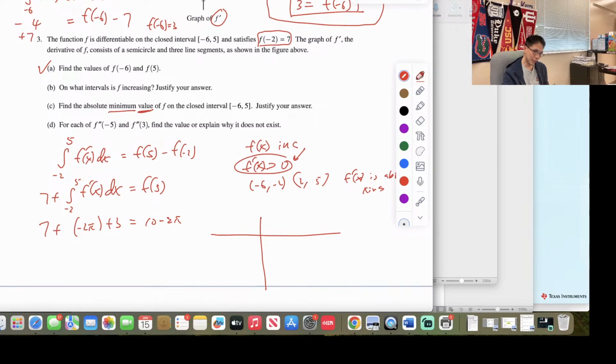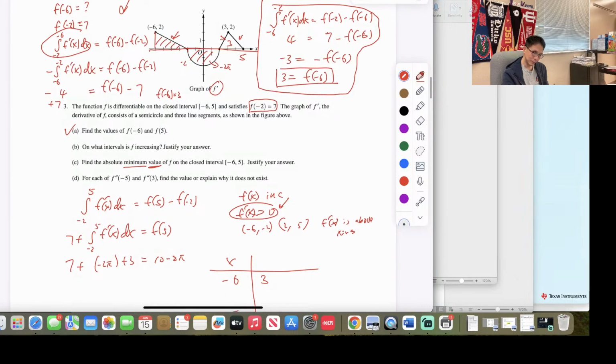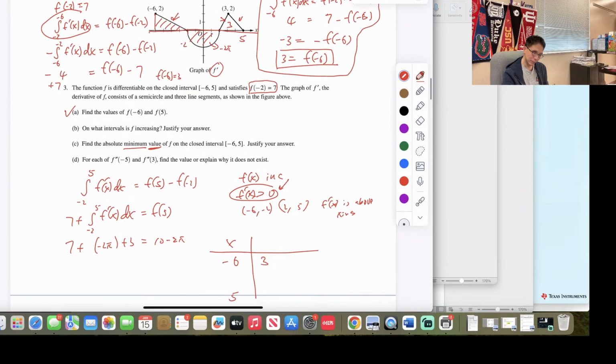So in this case, obviously I'm going to have the endpoints -6 and 5. f of -6 is going to be 3, right? Do we have f of 5? What is it? 10 minus 2 pi. Okay, so obviously I need to worry about the other two values.